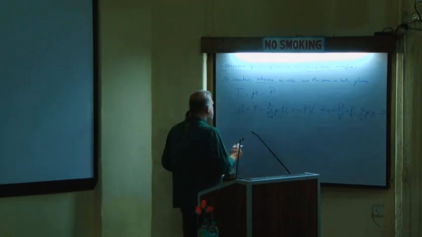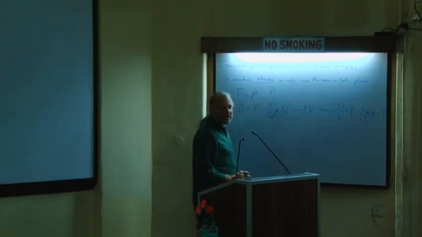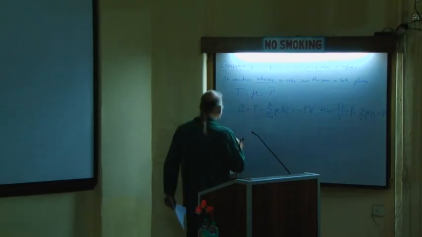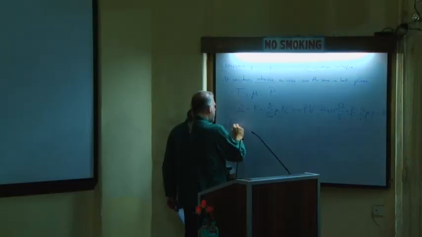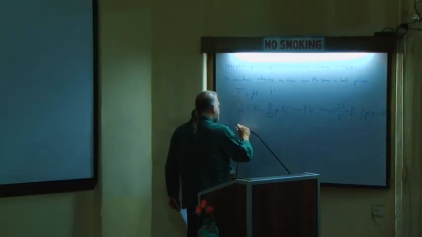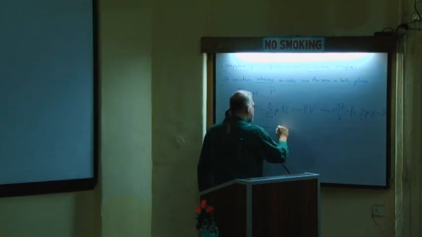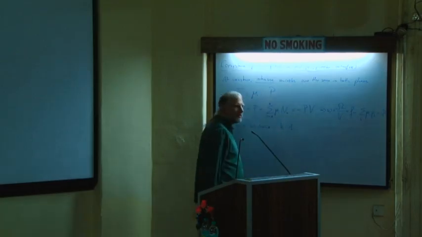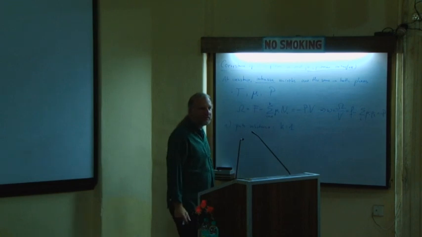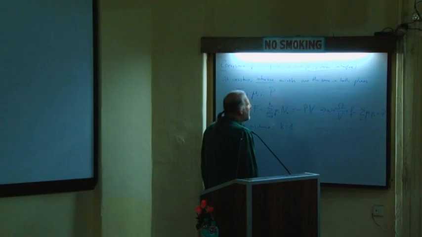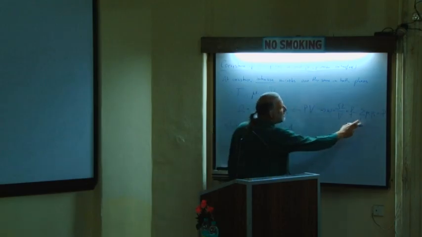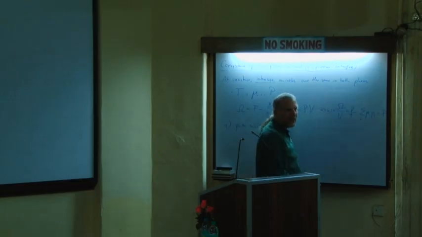Okay, so let's do the two special cases that will be of interest for us today. So A, if I have a pure substance, that means k equal to 1, only one component. That means that I have only one number density, rho 1, and this must be equal to rho bar.